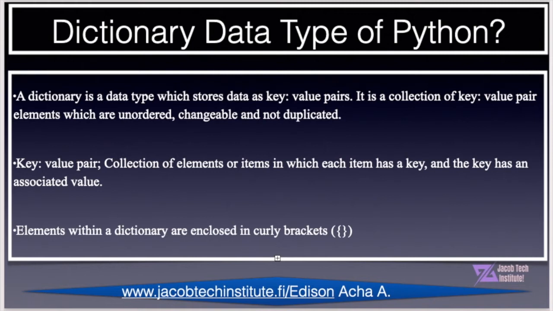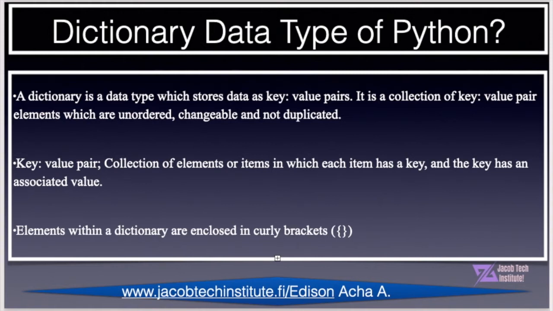It means that each element within the dictionary has a key, and each key is associated to a value, and the elements within a dictionary are enclosed in curly brackets, as opposed to the list, in which the elements are enclosed in square brackets.